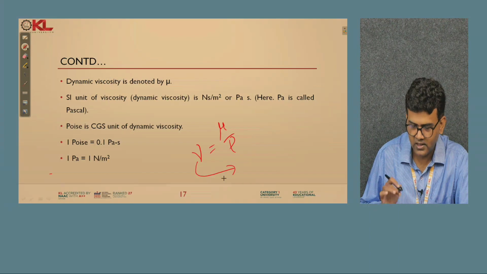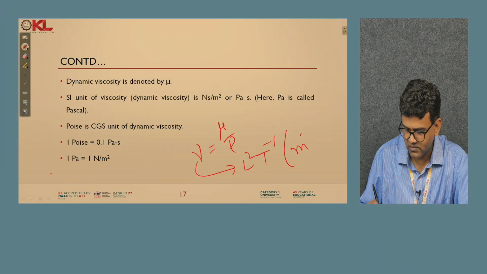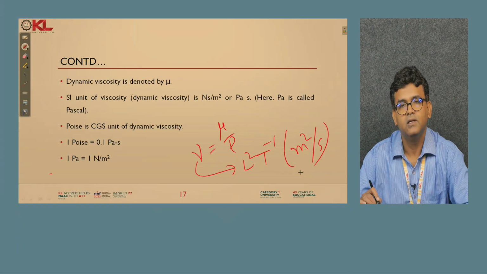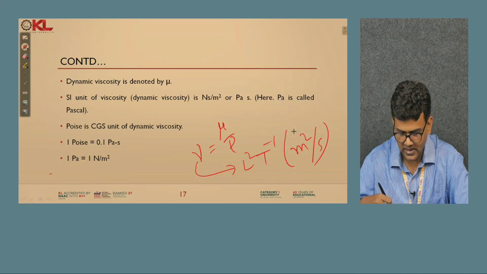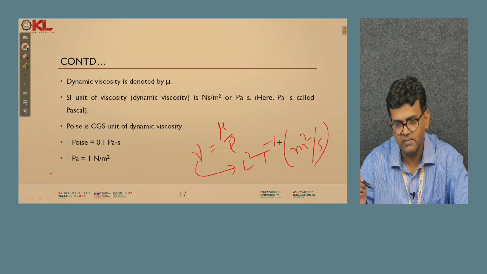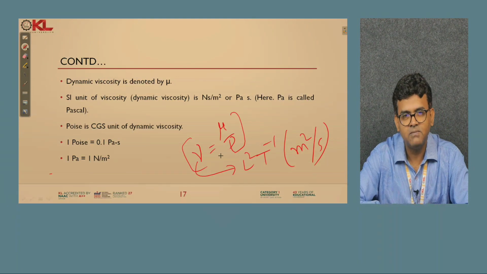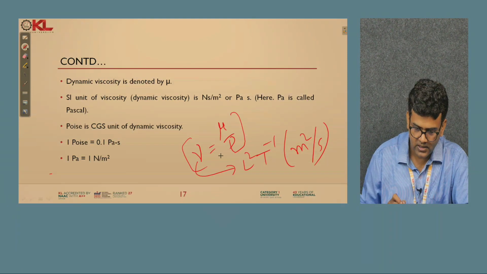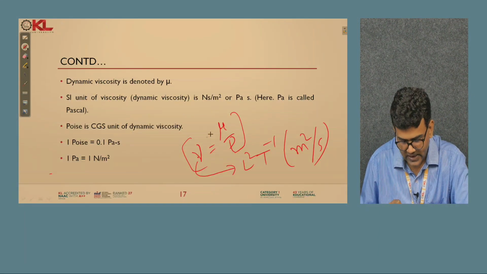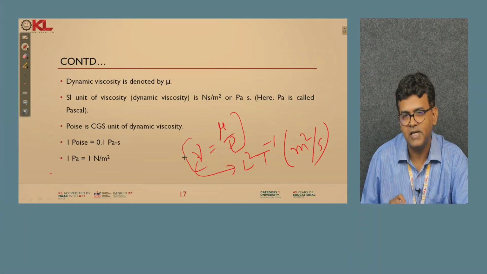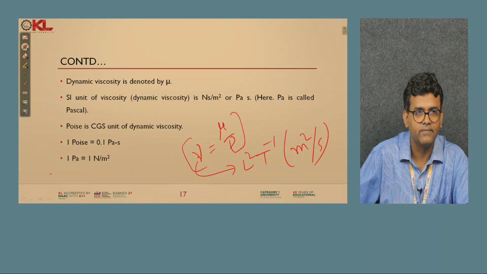This nu has the dimension L2 T minus 1, that is, meter square per second. Meter square per second is the unit for kinematic viscosity, and its dimension is L2 T minus 1. So this is the relationship you have to know between kinematic and dynamic viscosity, along with their dimensions and units. Rho is the density here.